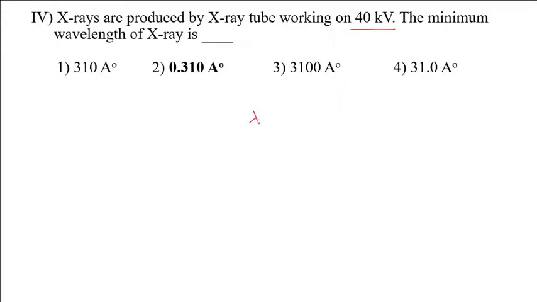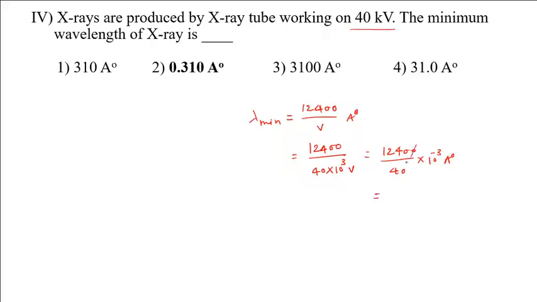So we have to use the formula of minimum wavelength in angstrom unit, and we know it is 12,400 upon V angstrom unit. So we can put the value of V, it is 40 kilovolt, which is equal to 40 into 10 raised to 3 volt. So I can write this as 12,400 divided by 40 into 10 raised to 3 angstrom unit. 00 get cancelled.